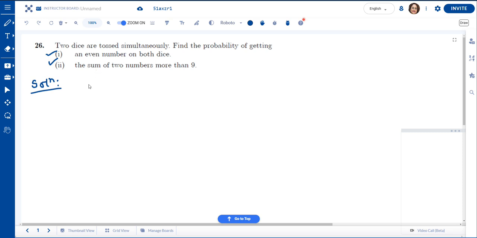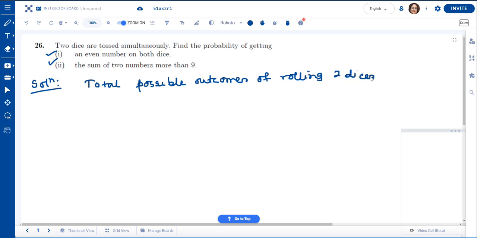So the total possible outcomes of rolling two dice is 36.